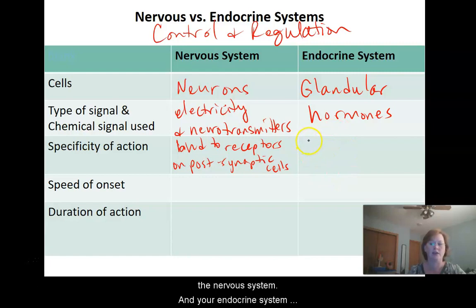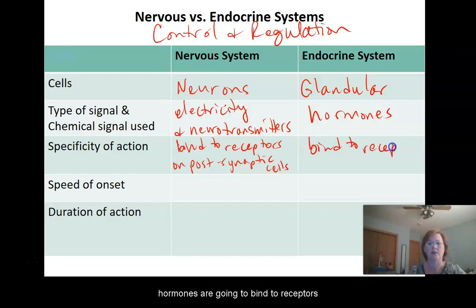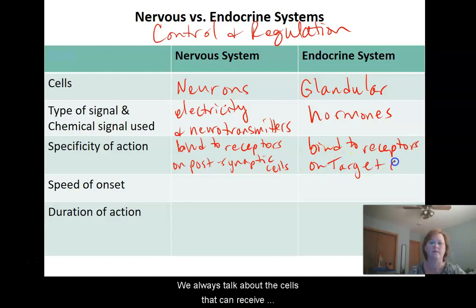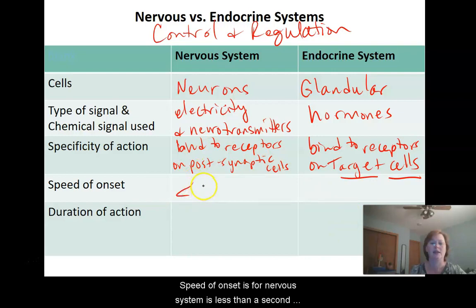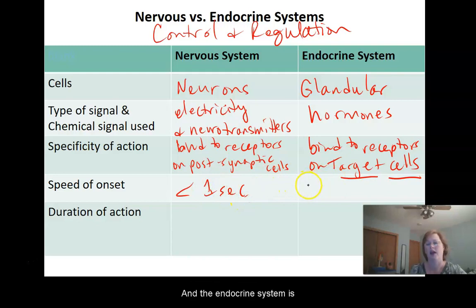And your endocrine system hormones are going to bind to receptors on target cells. So we always talk about the cells that can receive hormones as being target cells. The speed of onset for a nervous system is less than a second, so very, very quickly. And the endocrine system could be seconds to days.